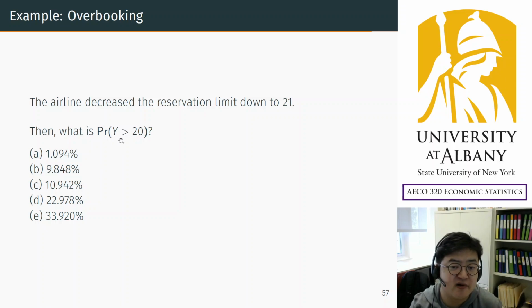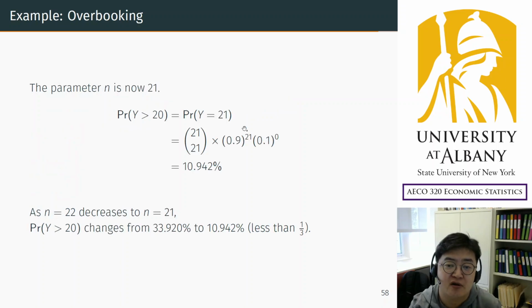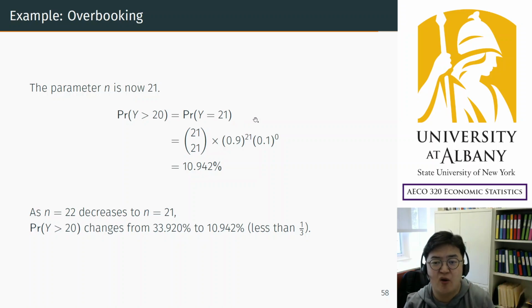So the probability of Y greater than 20. Now because there are only 21 reservations, the only possible outcome in this event is Y equals 21, right? So it's simple. 21 choose 21 is simply 1, and 90% happens 21 times. So now you are selling only one more ticket than you can accommodate. So the problem happens when all reservations are not canceled.